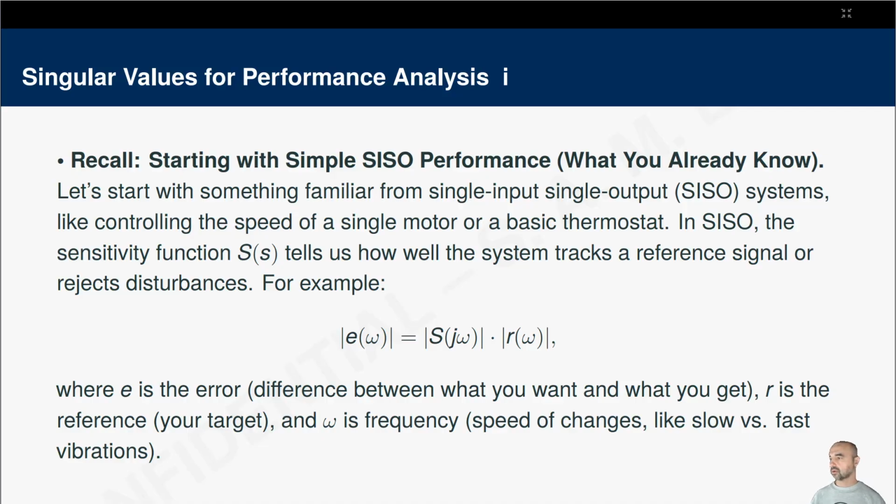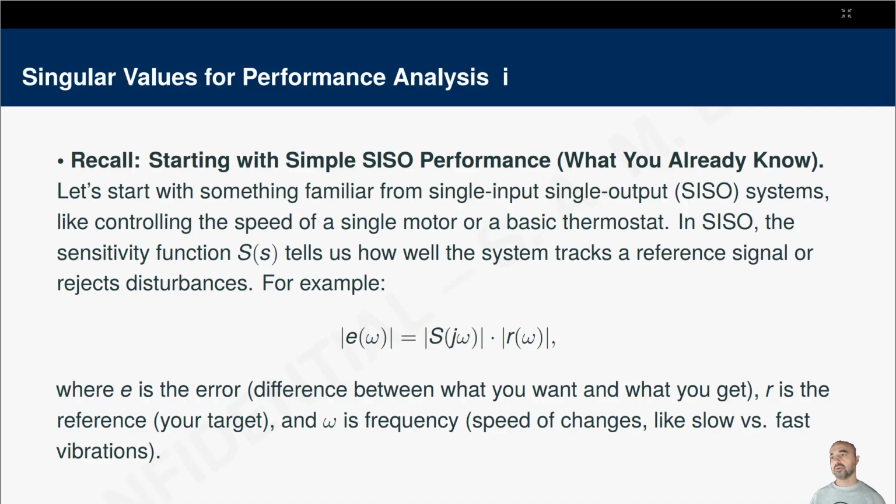Let's assume we are going to control the speed of a single motor. This is a real world example. We're going to control the speed of a single motor, or a basic thermostat.